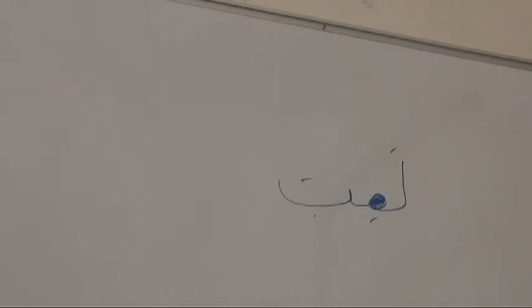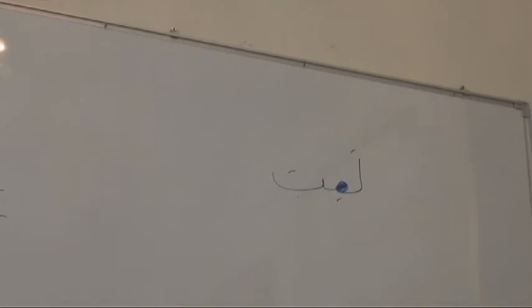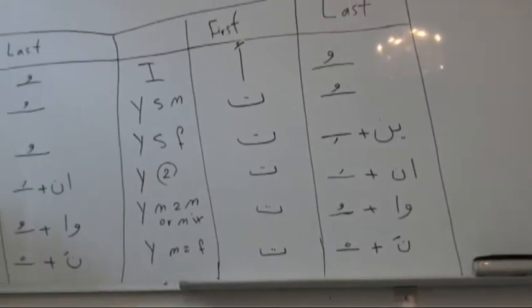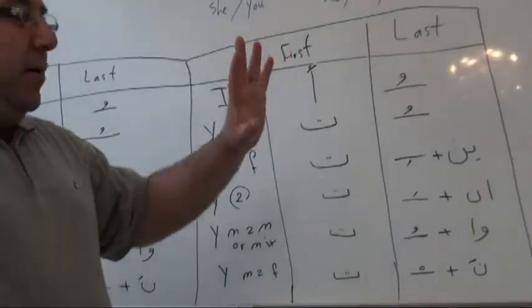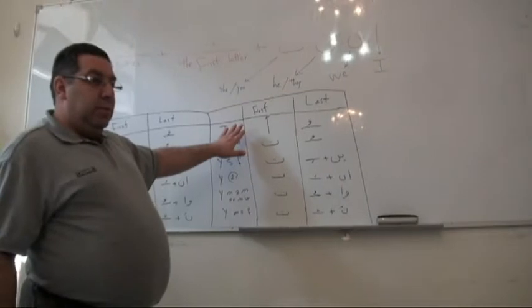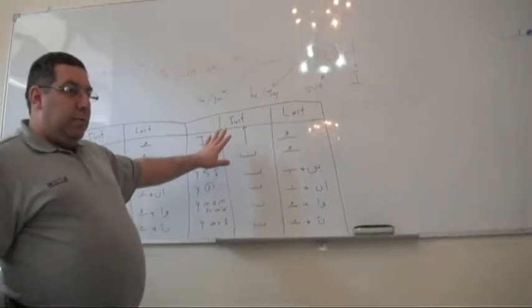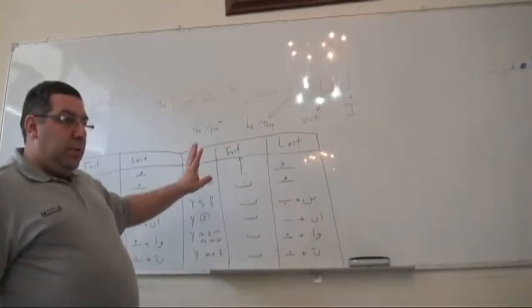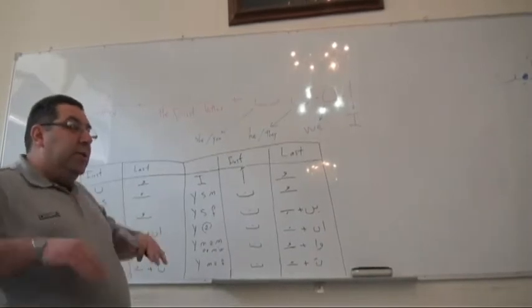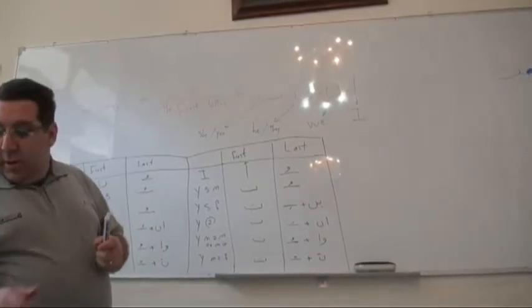I start with I. 那一把如果一开始是用我, now, let us ask Fatima. First, what do we have to do? Not change, add alif. Right?